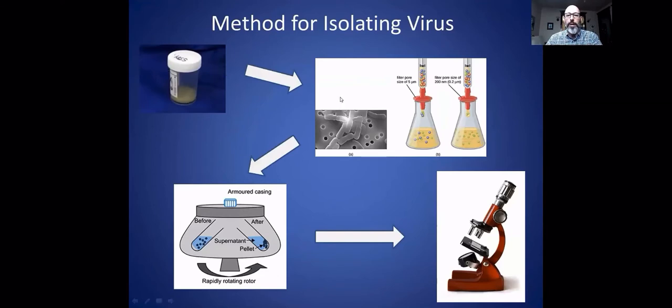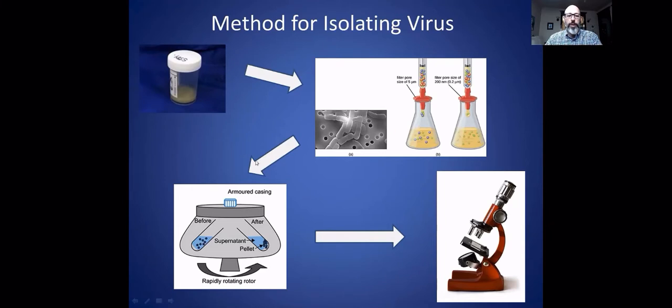And what you do is take that fluid and put it through very, very small filters. This accomplishes what I described earlier, that it separates out the tiny little particles from any bacteria. In this photograph, these big rods are actually bacteria, and the little dots are supposedly viral particles. So putting them through this filter, you leave the bacteria behind and just collect the little dots in the filtrate.